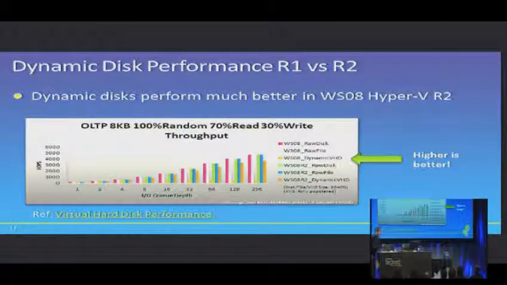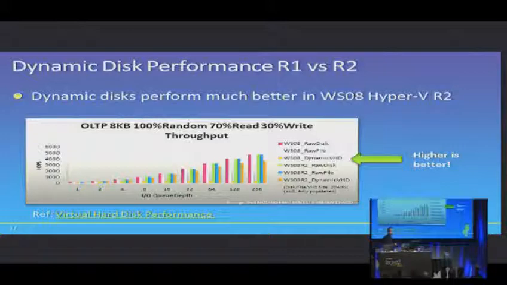With Windows Server 2008 R2, we did a lot of work to improve the performance of dynamic and differencing disks. And to just highlight, this graph's a bit of an eye test, but if you have a look here, this dark orange bar is dynamic disks as compared to raw disks. This one down here is 2008's dynamic disk performance.